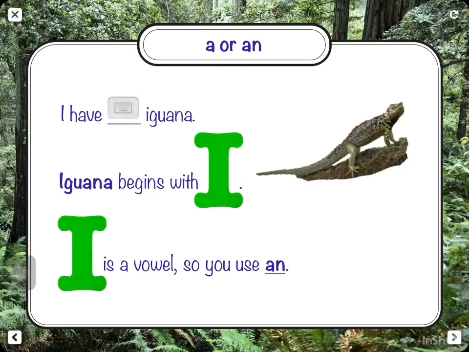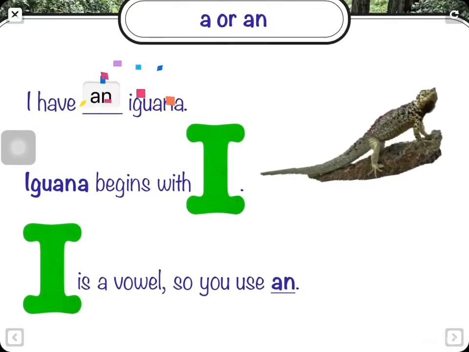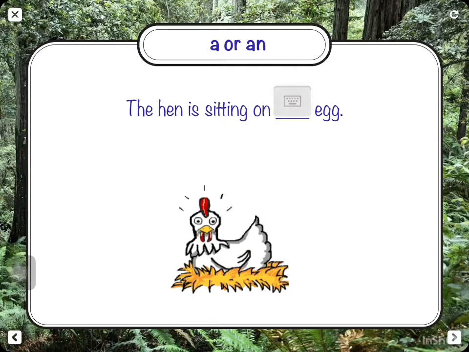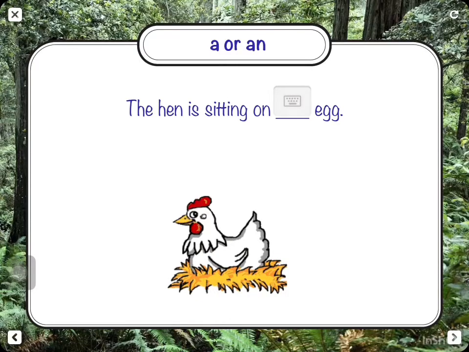Iguana begins with I. I is a vowel, so you use an. This is an easy one. The hen is sitting on egg. Egg begins with a vowel, so you use an.